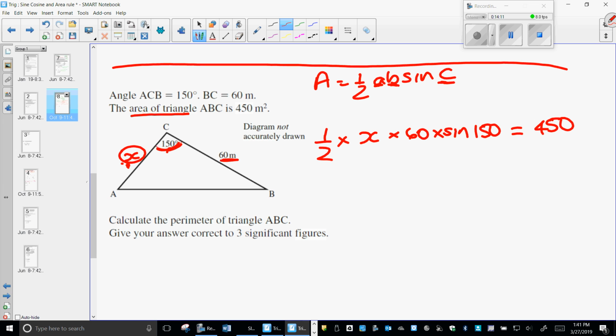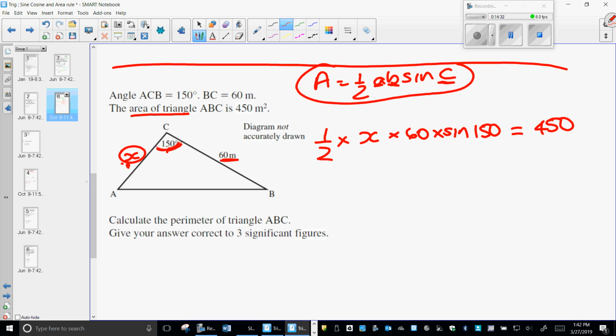If that was around A, so if A was 150 degrees, and then it was x, and 60 was A, and then it said sine C, would it actually be C or would it be A? No, remember this is one form of the area rule. You can have three different types.